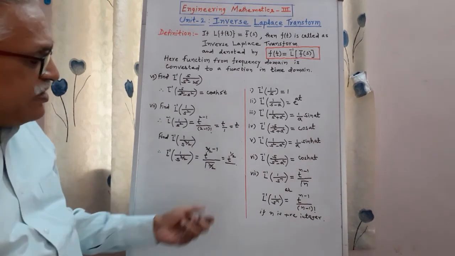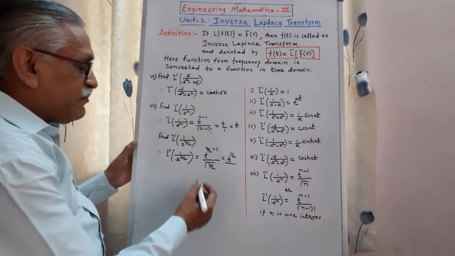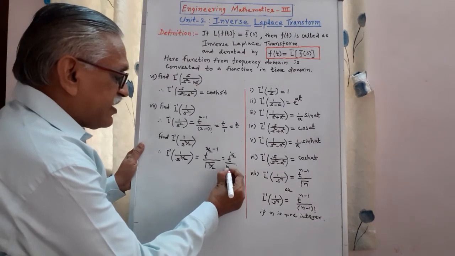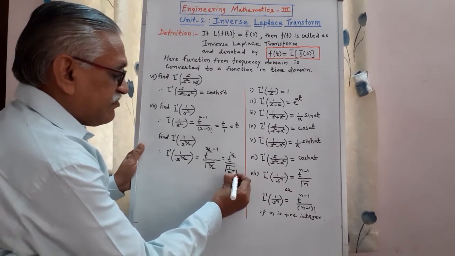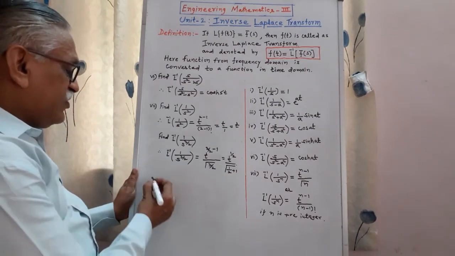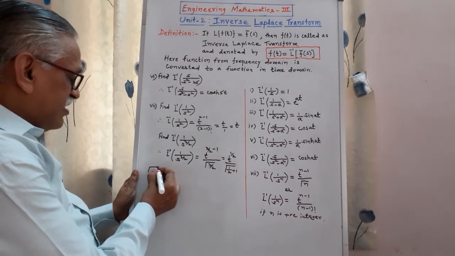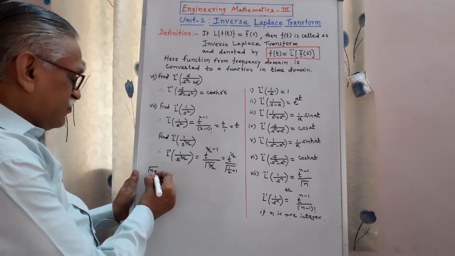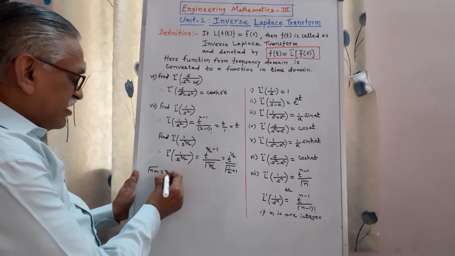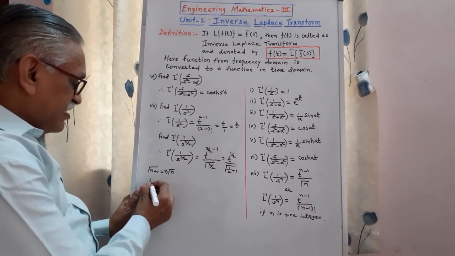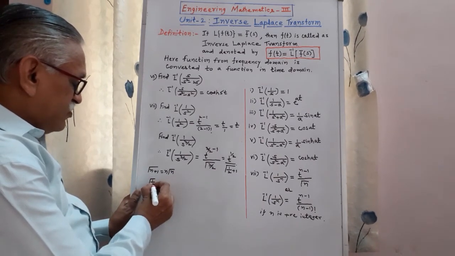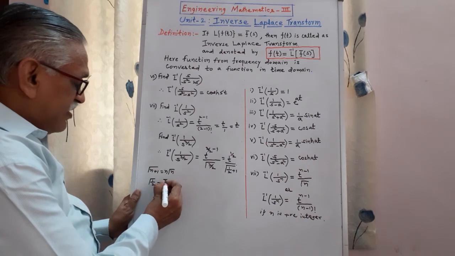To find the value of gamma, convert it in the form of gamma n plus 1, therefore that 3 by 2 I can write as 1 by 2 plus 1. We know the standard result, gamma n plus 1 is n gamma n, and another standard value, gamma 1 by 2 is root pi.